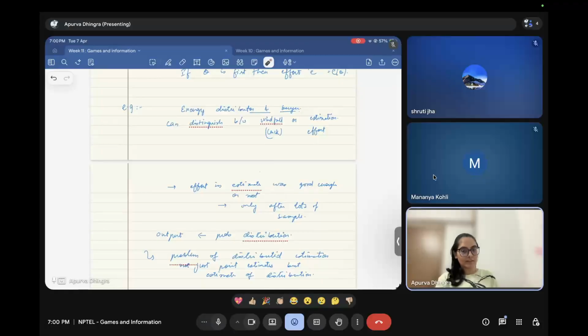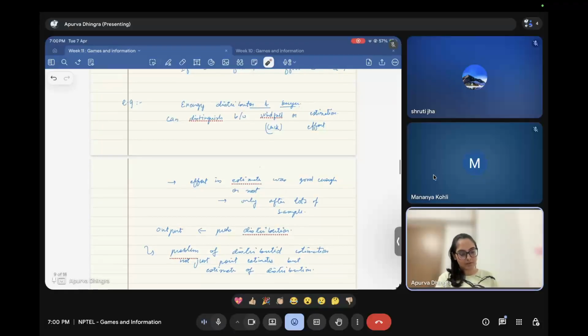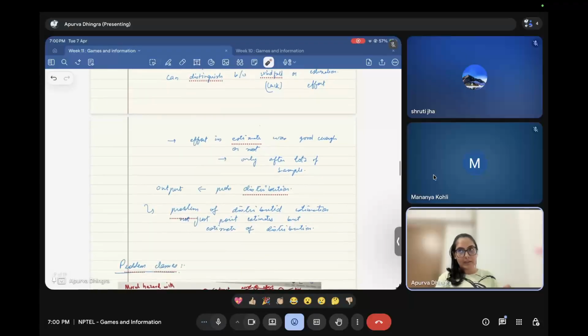Coming up with contracts in these types of scenarios becomes an even more difficult task, because you're ultimately trying to see if whoever you're getting into a contract with is doing the estimation properly, and if their estimates are just point estimates or of the whole distribution. And even if they have the estimate of the whole distribution, is it actually the same as the true distribution?